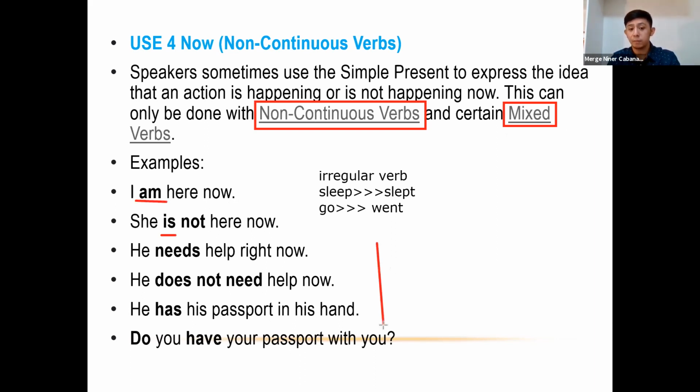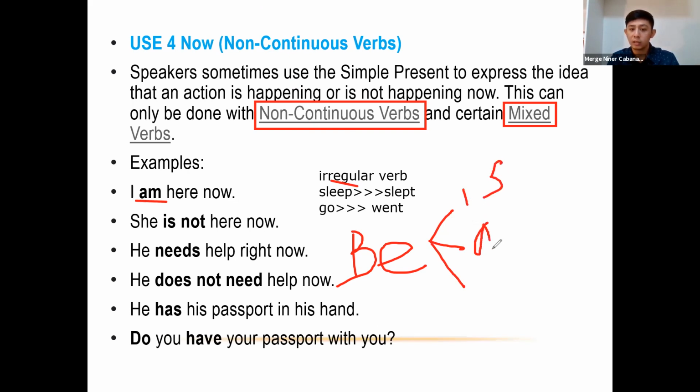When you say be verb, it has its forms. For the present form, your be can be is, are, and am.